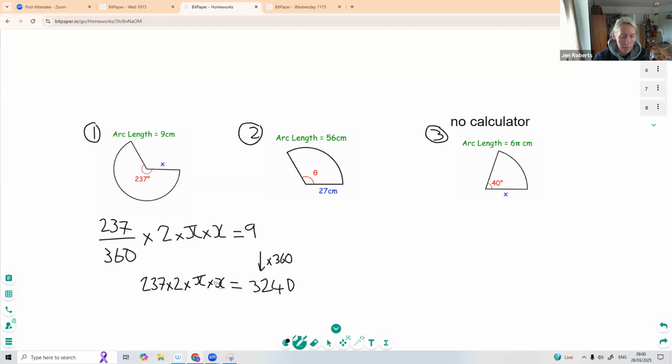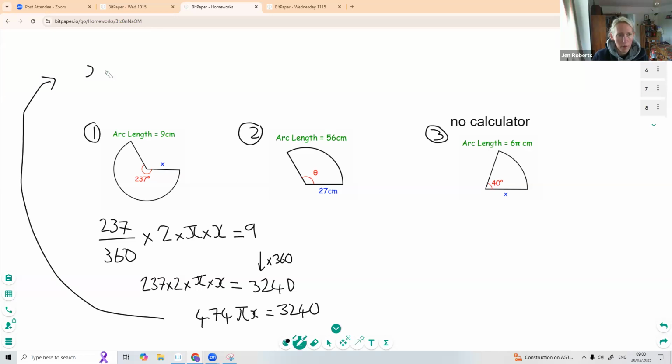So 237 times 2 is 474 pi x equals 3,240. Let's divide both sides by 474 pi. That gives you your answer as 2.2 to 1 decimal place.